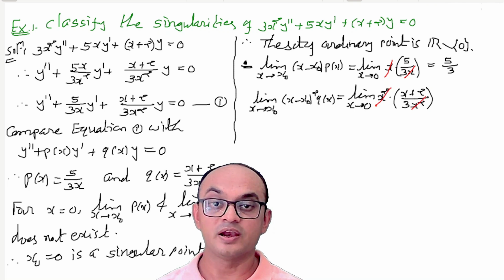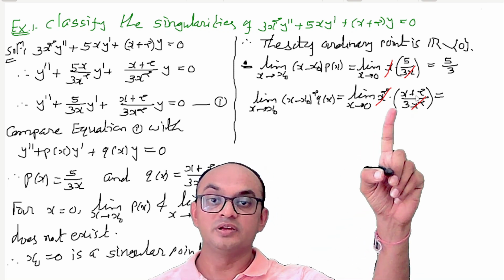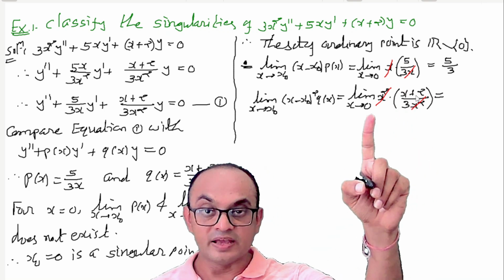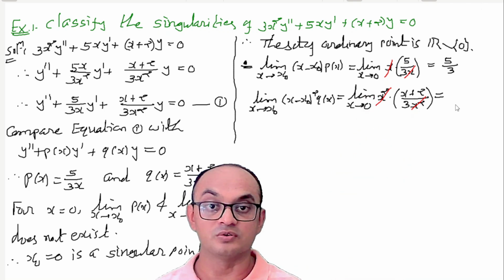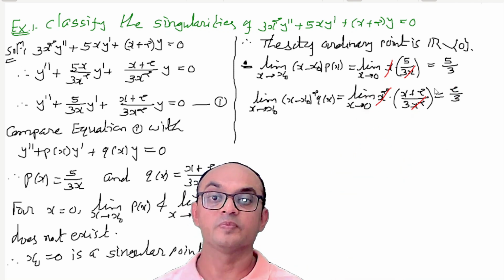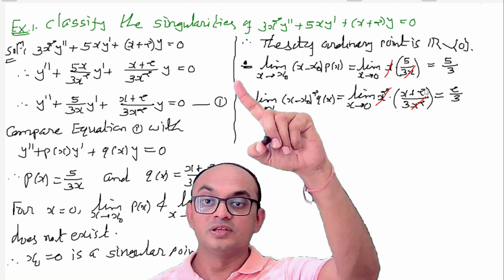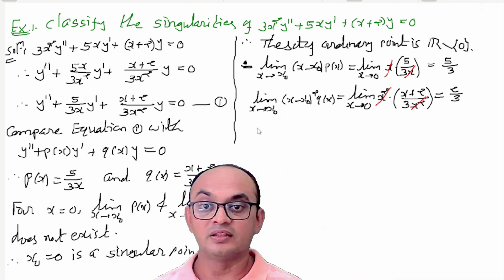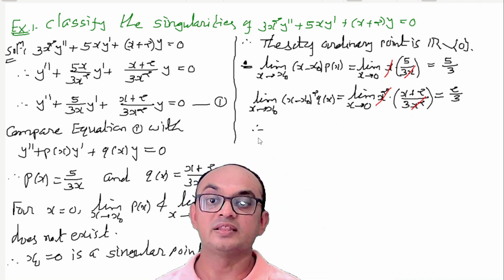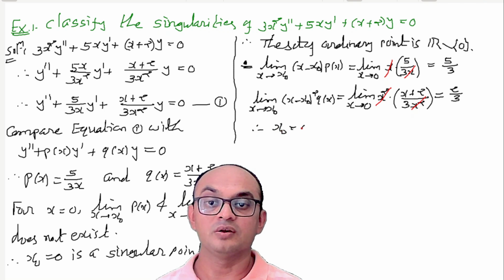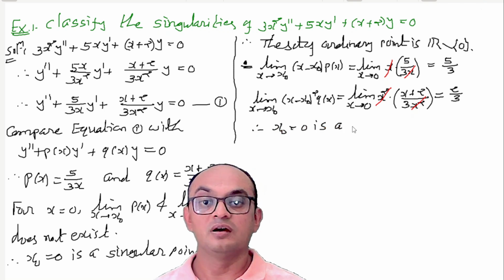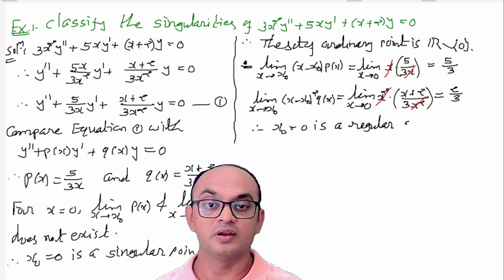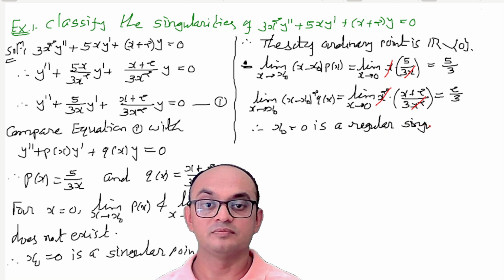We can cancel out x squared and x squared. So the quantity is actually (x plus 2) upon 3, limit as x tends to 0, so substitute x equal to 0, so this is equal to 2 upon 3. So this limit exists, this limit also exists, both limits exist, and therefore we can say that x0 equal to 0 is a regular singular point.